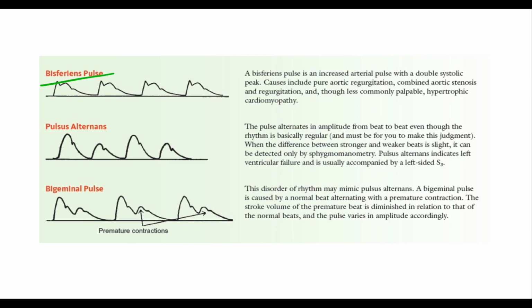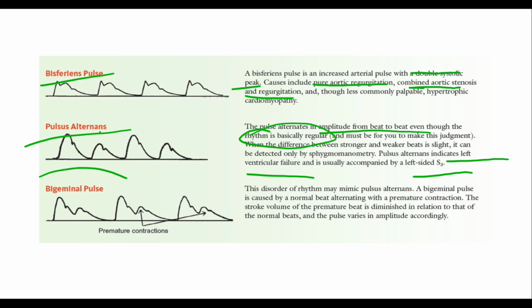So the bisferiens pulse is a double peaking pulse, a double systolic peak. It can be pure aortic regurgitation or combined aortic stenosis plus regurgitation. Pulsus alternans varies in amplitude from beat to beat, but the rhythm is basically regular. It indicates left ventricular failure, so it can be accompanied by an S3.